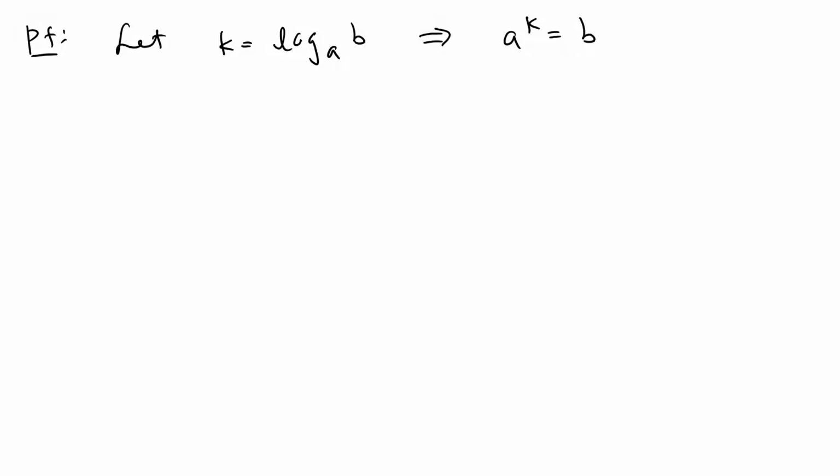Because log a of b equals k means a to the k equals b. Now the common practice is to take the log of both sides to the base c. So we take log c on both sides, because this is a common trick that we use in the future.